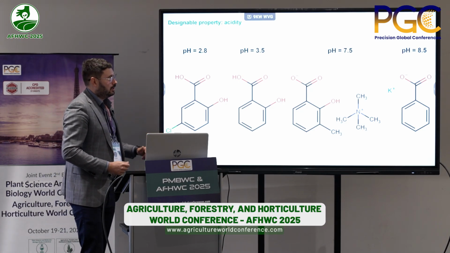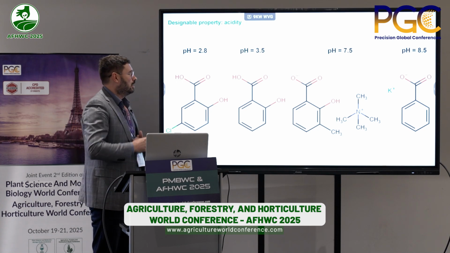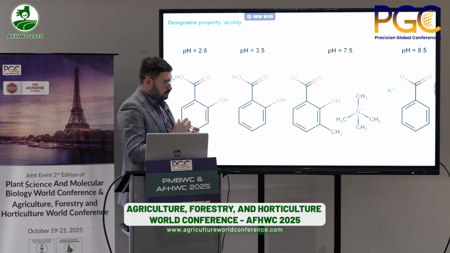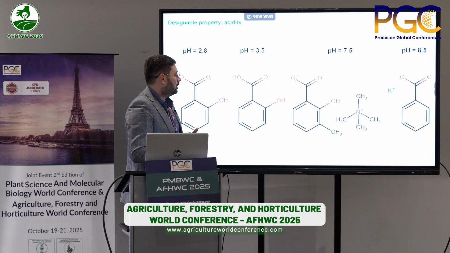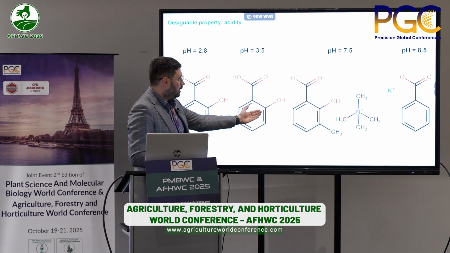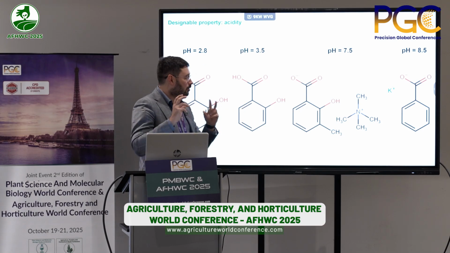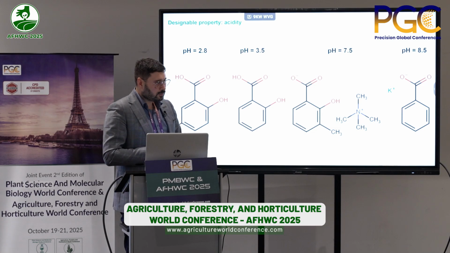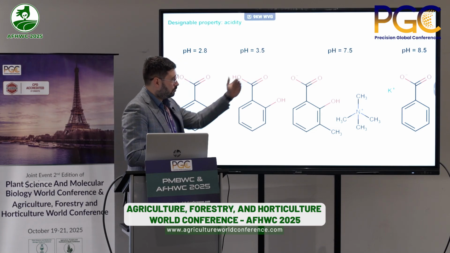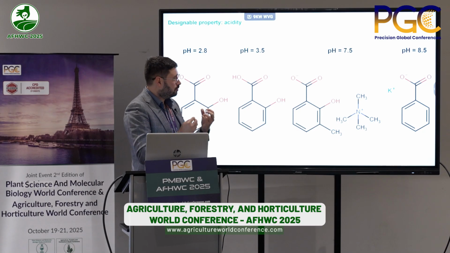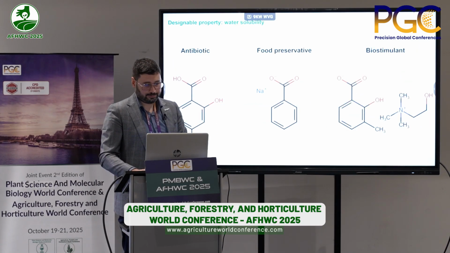If we want to create a compound with neutral acid-base properties, we can, for example, change the structure into an ionic structure combined with compounds based on ammonium salts. And we can also create a simple potassium salt.